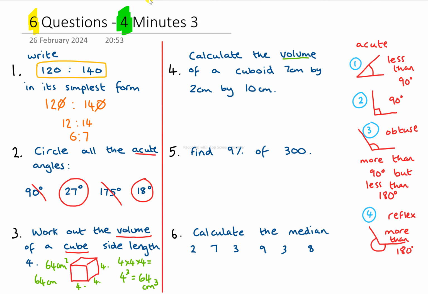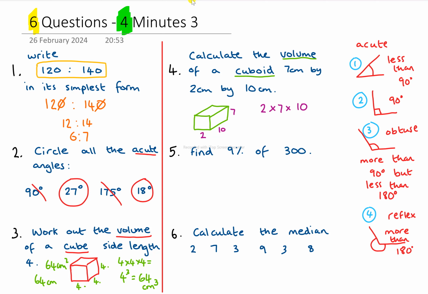Calculate the volume of a cuboid. Same idea. It's a 3D shape. So this is all going on in my head. You shouldn't draw it because you don't have time. Right, so that is 2, that is 10, and that is 7. So you simply multiply the 3 dimensions. So you do 2 times 7 times 10.